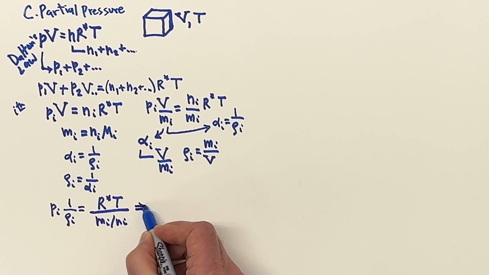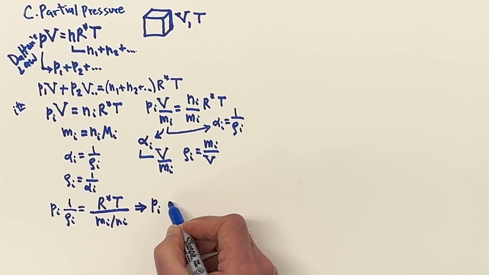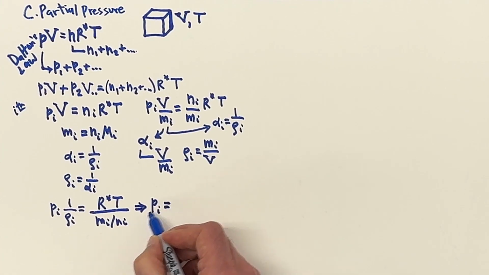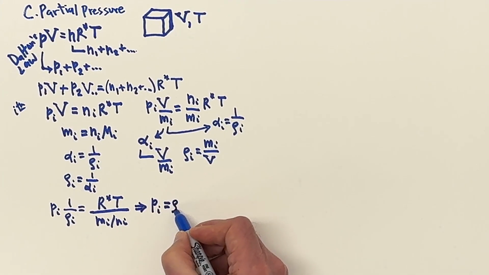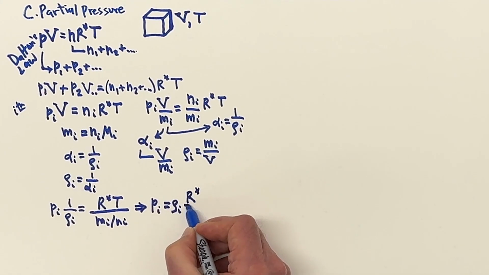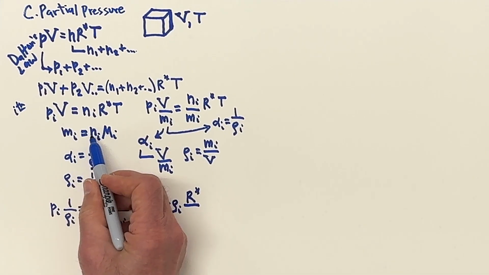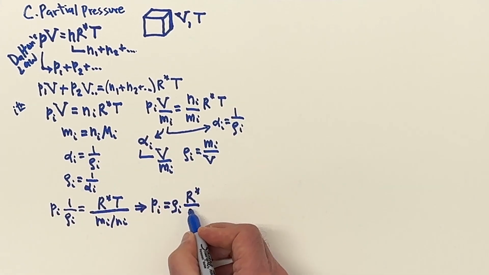All right, so this equation implies that the pressure of the ith component is equal to, bring the rho on the other side, rho i, and then I have R star over, and now notice, mi divided by ni, if I take mi and divide by ni, I get the big Mi, I get the molar mass.